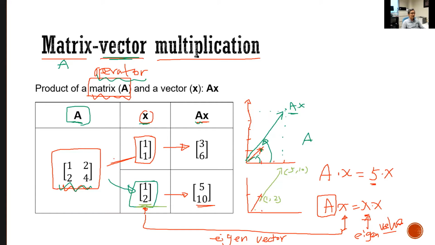Basically, you can use them to describe the property of a square matrix A as a transformer, as an operator that can transform other data points. There are a lot of applications of this, but for this lecture I just touch on the basics of these two important concepts to give you a quick idea.